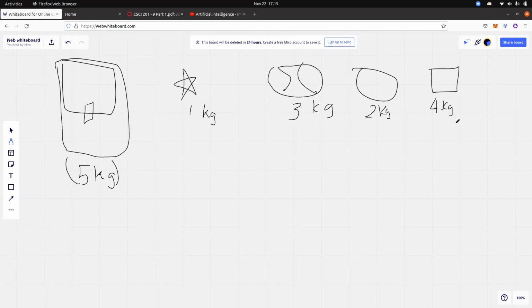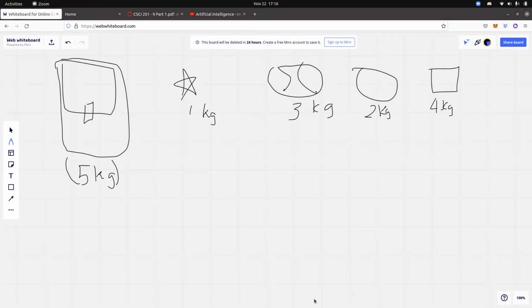Now, I want to fit the most number of objects inside this bag. So how do we frame this in terms of a GA problem? Again, we look first for a solution, or we represent a solution in the form of an array. Now, in this particular case, even if we don't try to programmatically solve this problem, we can just check.